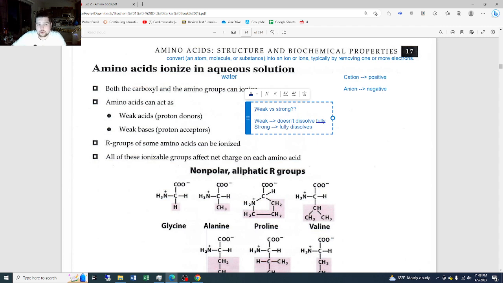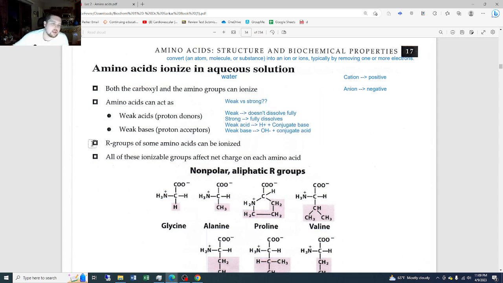And then, of course, we also talked about when you put a weak acid into solution, you get that hydrogen plus its conjugate base, and vice versa. So with a weak base, you get the OH- plus its conjugate acid. Good review.